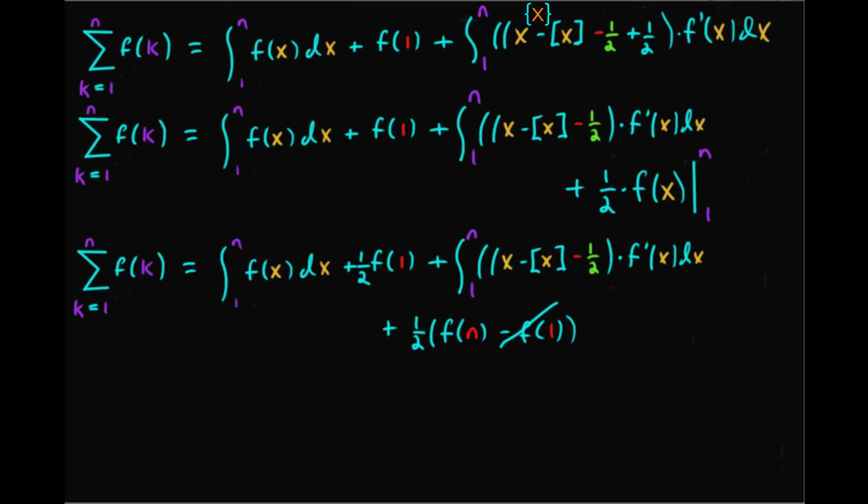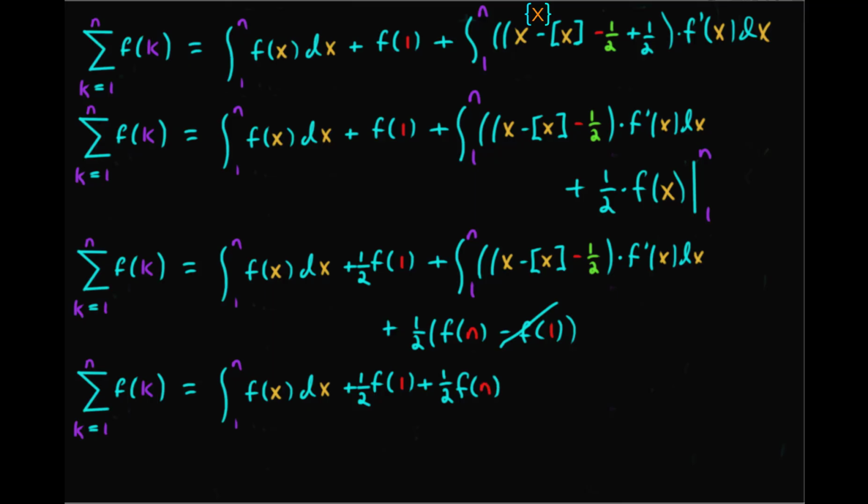So my final form of this equation is that the sum of f of k from k equals 1 to n equals the integral from 1 to n of f of x dx plus 1/2 times f of 1 plus 1/2 times f of n plus the integral from 1 to n of x minus the floor of x minus 1/2 all times f prime of x dx.